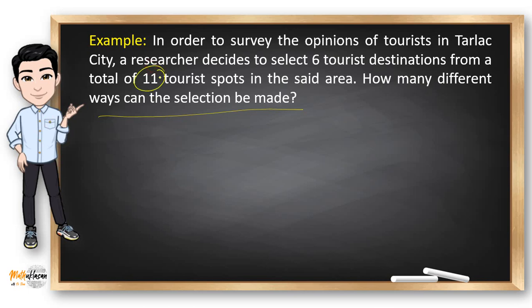So the n here is 11 and r is 6. So the formula now is 11C6. So we have 11 factorial divided by 11 minus 6 factorial times 6 factorial. So we'll have 11 factorial divided by 11 minus 6, that is 5 factorial.